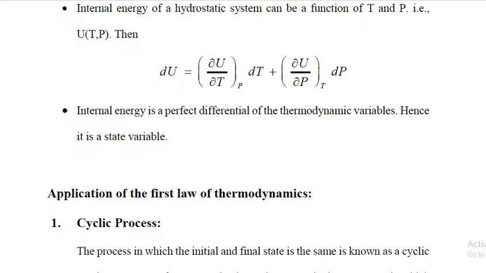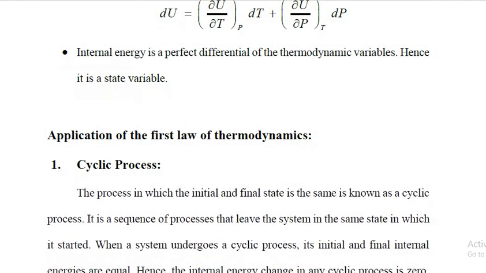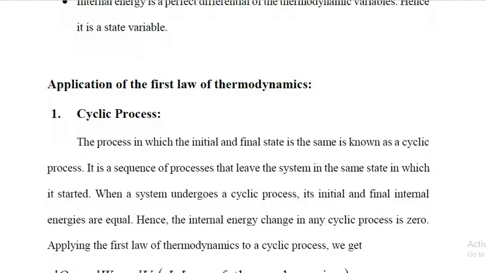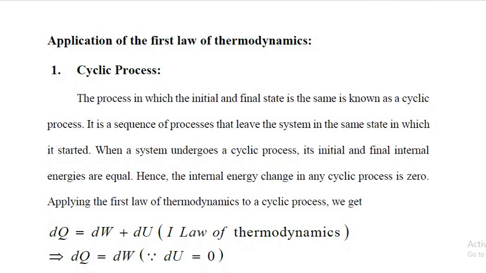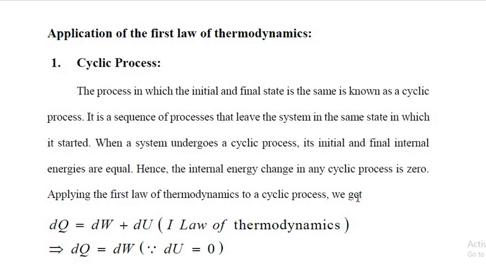Next comes application of the first law of thermodynamics. The first application is cyclic process. The process in which the initial and the final state is the same is known as the cyclic process. Okay, so as the name cyclic implies, the initial and the final state of the system is the same.